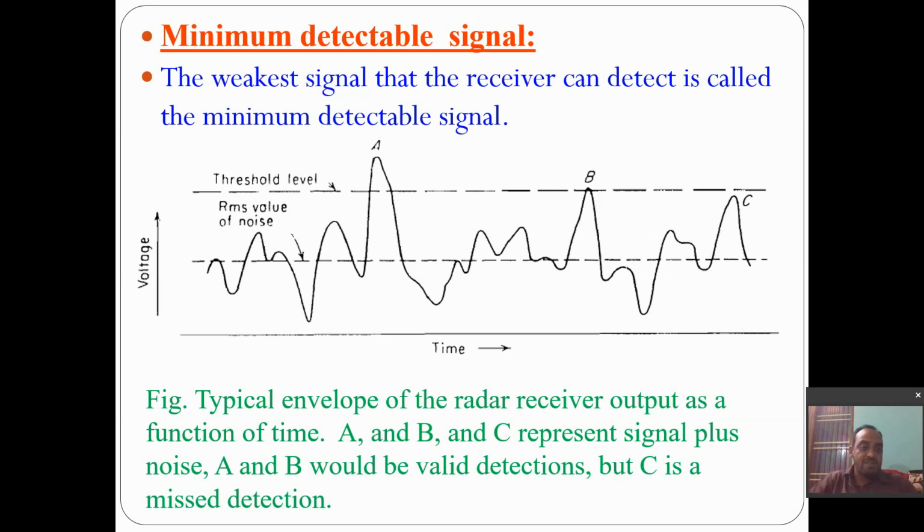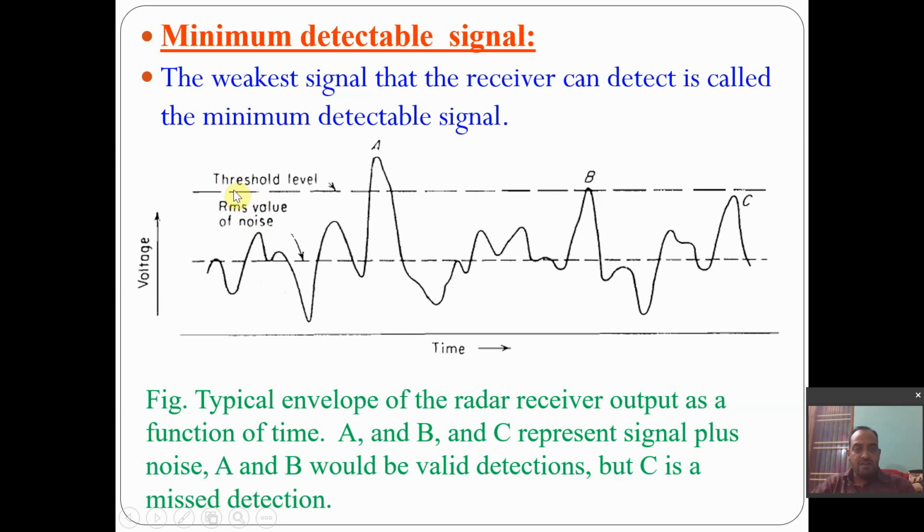Now coming to the definition, this blue line, the weak signal that the receiver can detect, is called the minimum detectable signal. This is one random signal taken to explain this topic. This is the threshold level, which will be set by the operator.